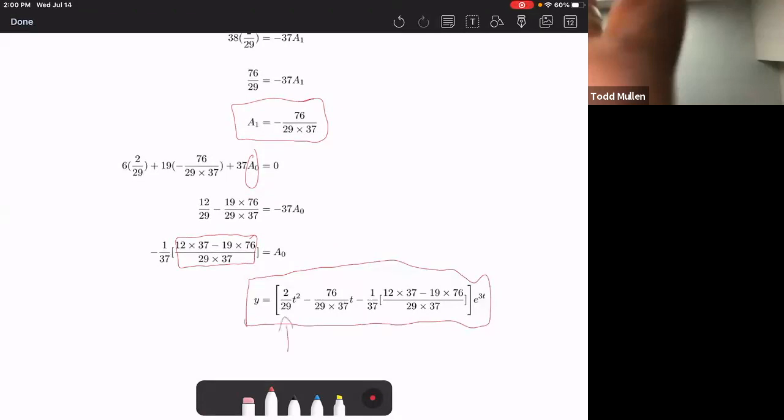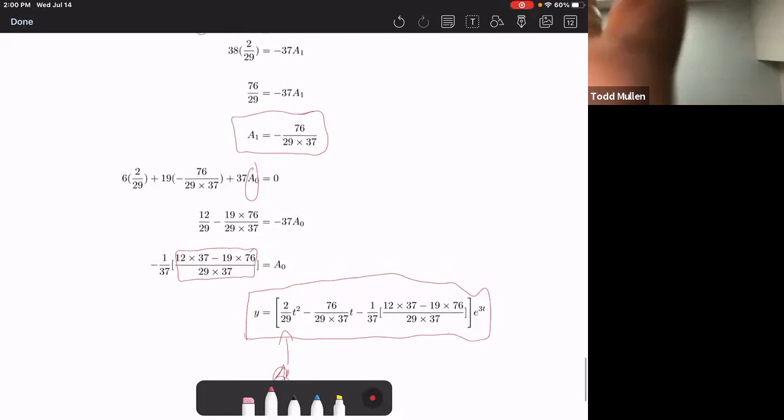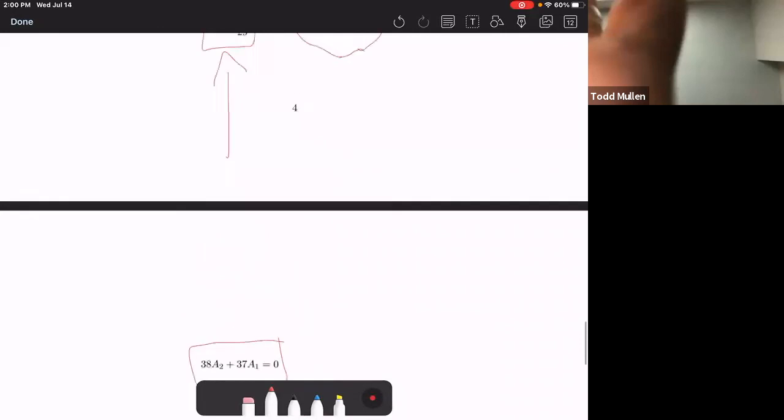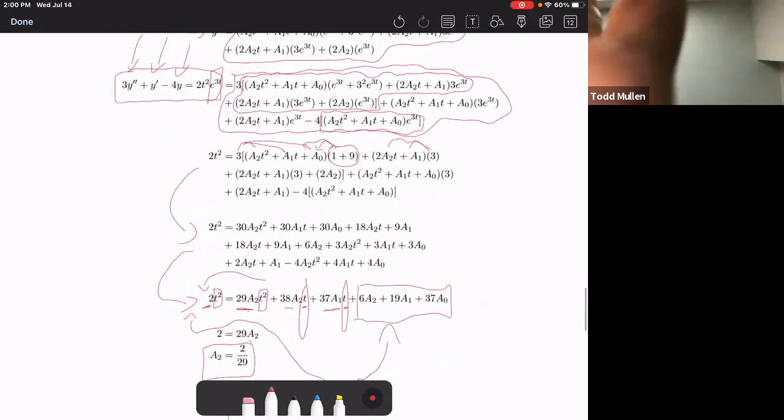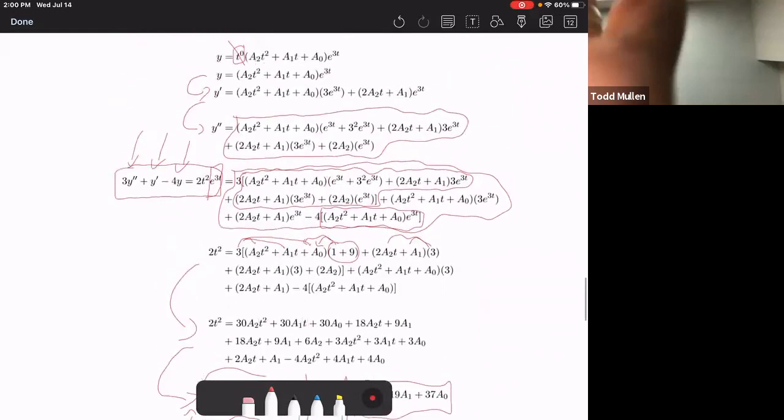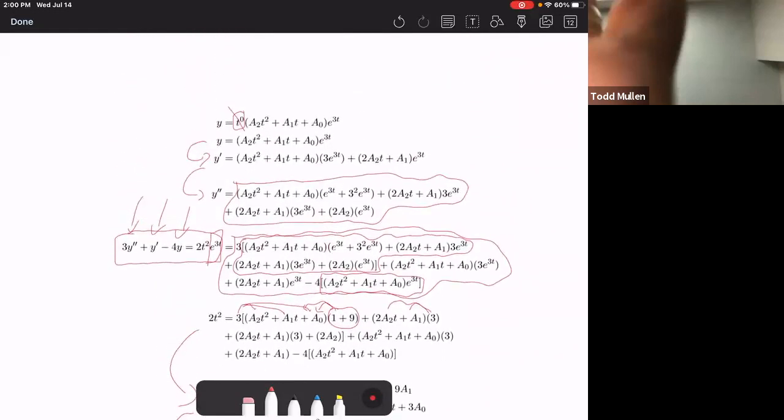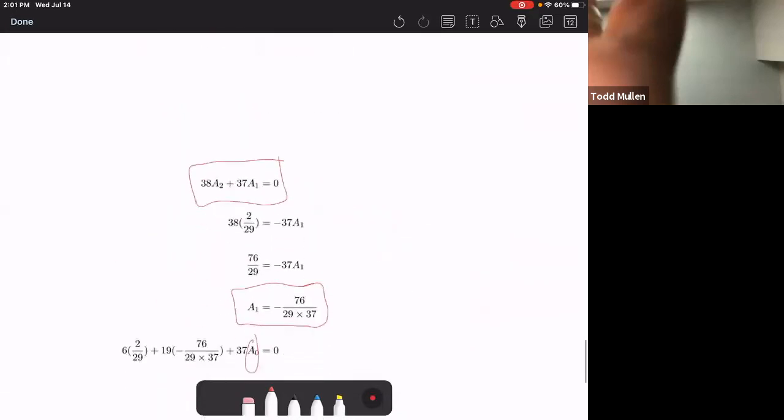Where this was our a2 value, I believe, being multiplied by t squared. Yep. There we go. a2 was multiplied by t squared, a1 multiplied by t, and a0 at the end.